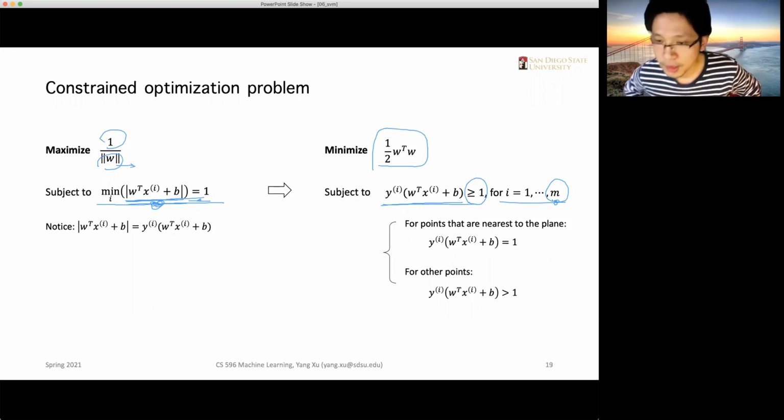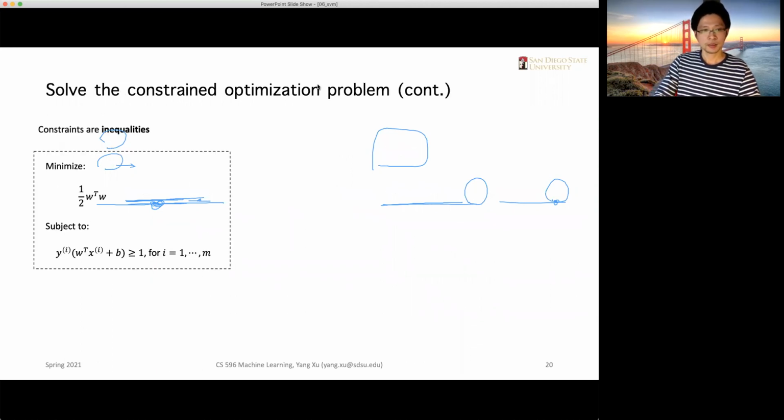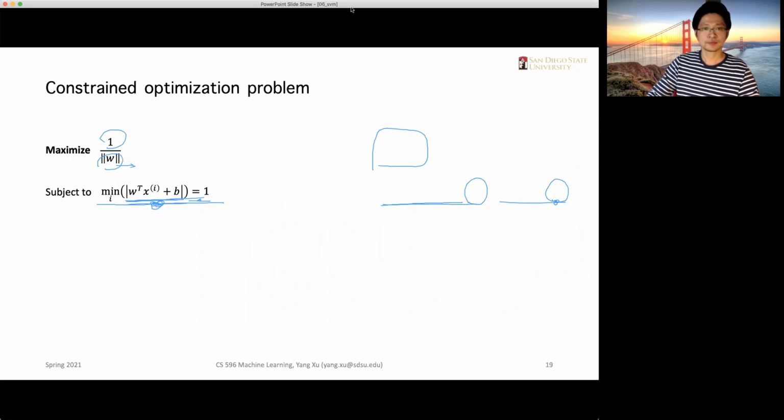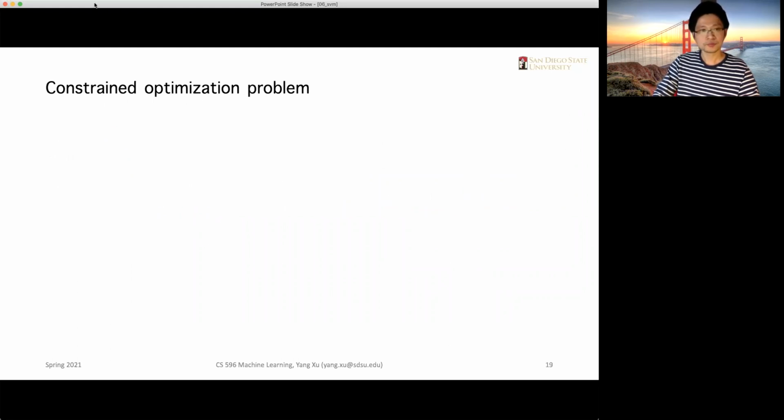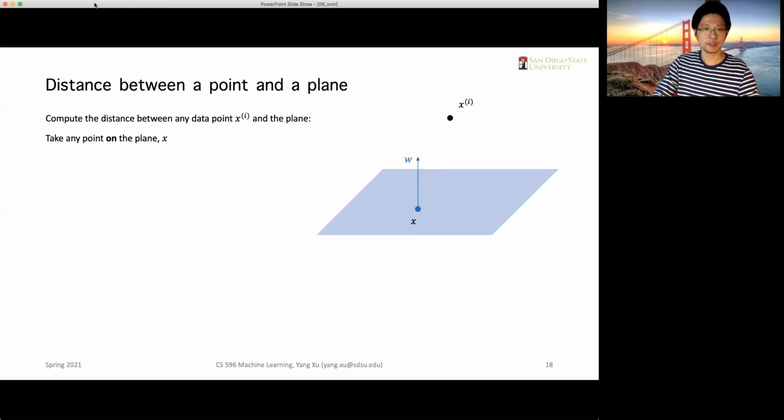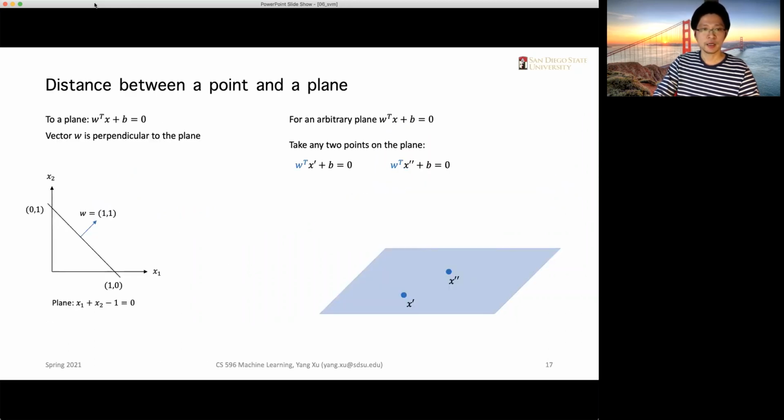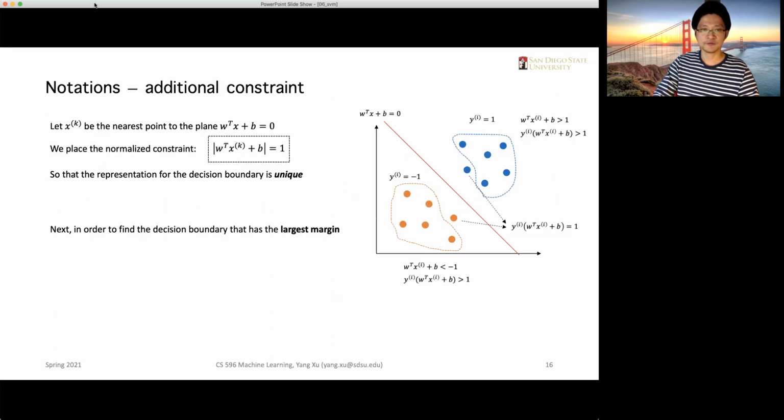So I think I will stop here. You can take some time to look at how to go through this again, of how we define the problem of the distance between the nearest data points and the decision boundary.